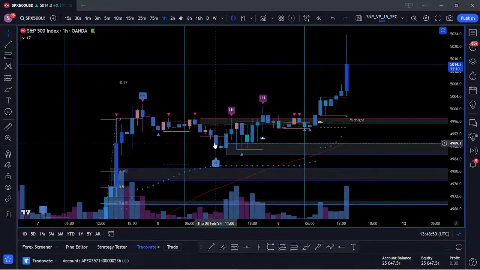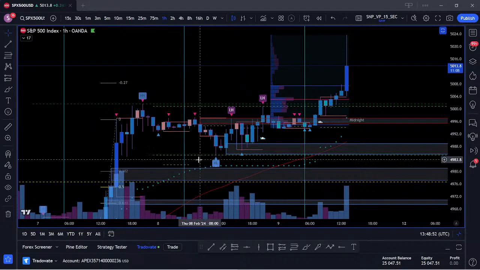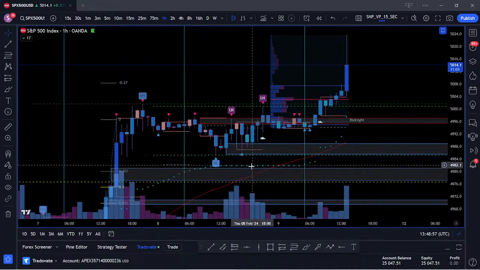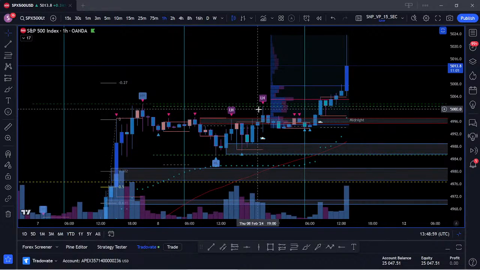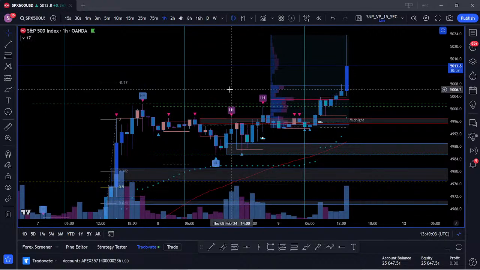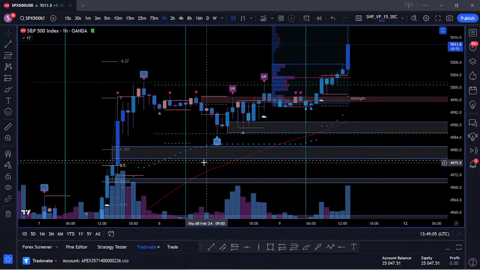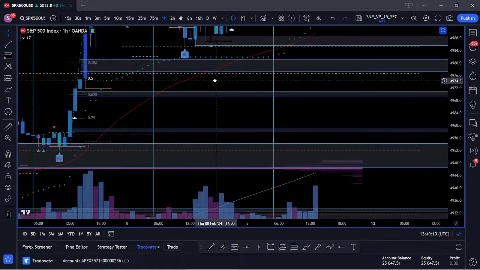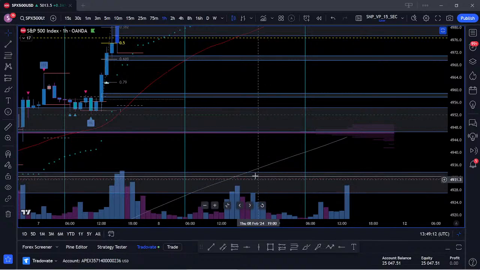So this is the previous day. This is the low. I have an indicator which automatically puts the low for the day in green. This is the high of the previous day. This is for weekly automatically, and then we have a monthly there in red.